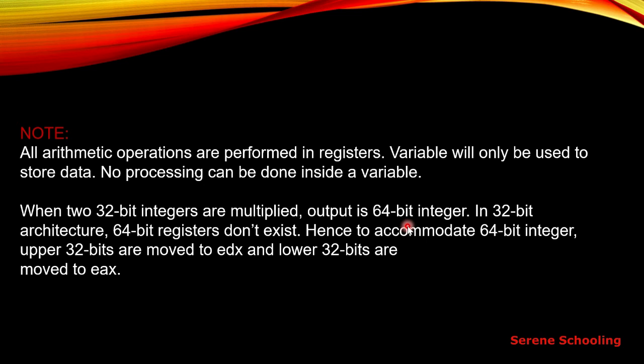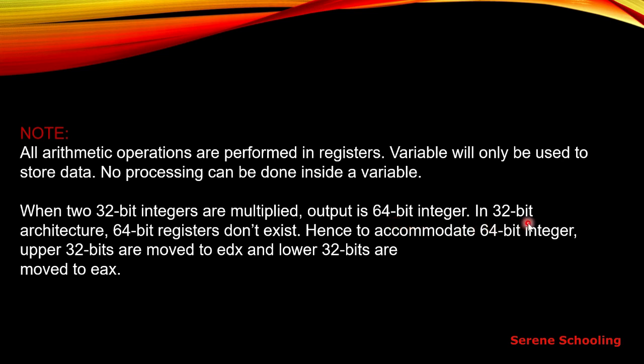We don't have a register to store a 64-bit integer. So how will we overcome this problem of 64-bit integers? To solve this problem, we use two registers instead of a single register, and that is EAX and EDX. If we divide 64 by 2, we get 32, which means we divide 64 into two parts. One is the lower part, another one is the higher part.